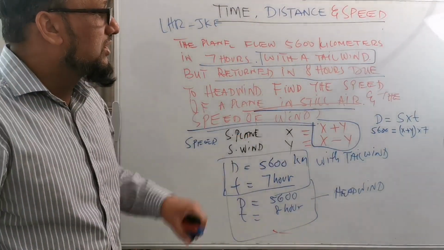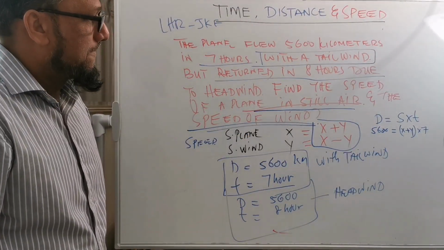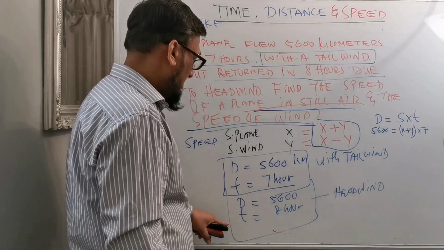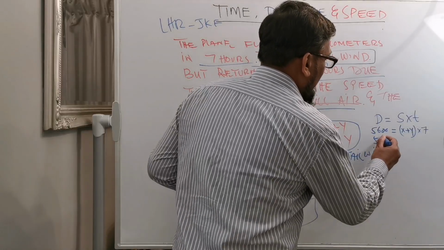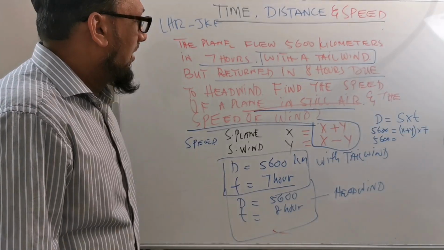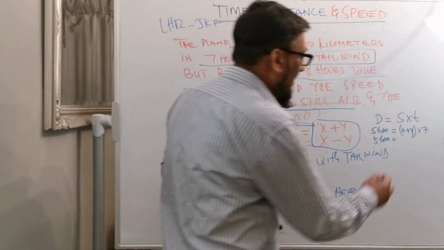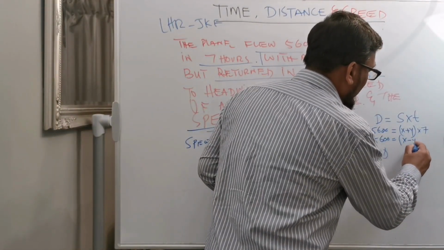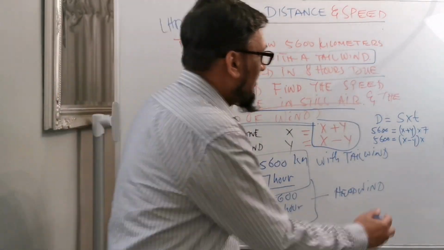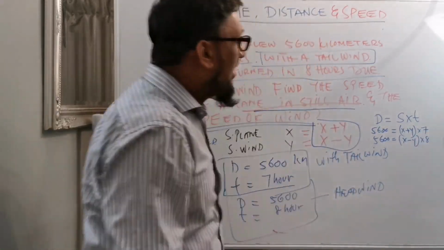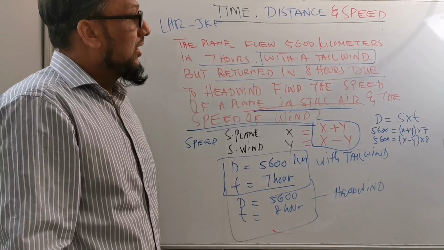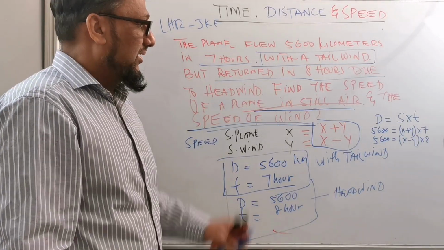This is equation number 1. And the second equation is what? Same distance, 5600, and speed without wind, so x minus y times 8, because on the way back it's taking 8 hours instead of 7 hours because of wind.